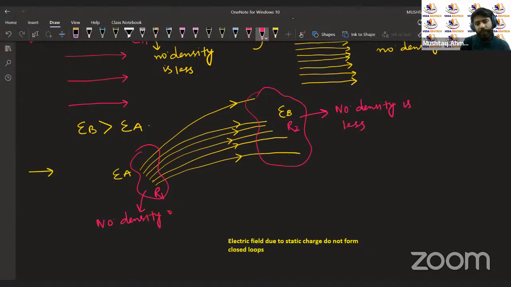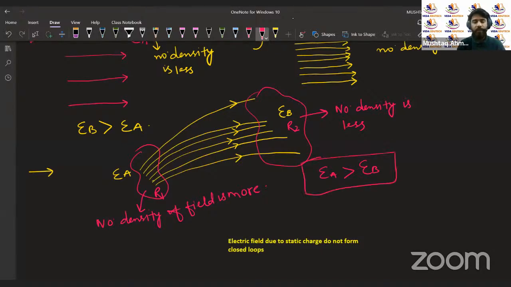So in region 1 the density of electric field lines is more, and we can clearly see that the electric field strength in region 1 will be greater than the electric field strength at region 2, because the number density at region 1 is greater than the number density at region 2.